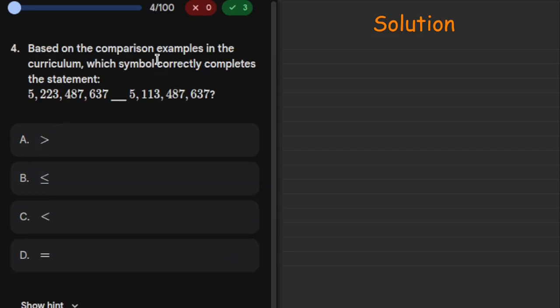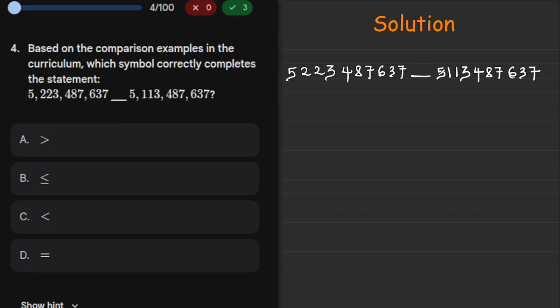It says, based on the comparison example in the curriculum, which symbol correctly completes the statement? So which symbol are we to put here? Now remember, anytime you want to compare two numbers, we always say you should count the number of digits they have. So for this, it has 1, 2, 3, 4, 5, 6, 7, 8, 9, 10.